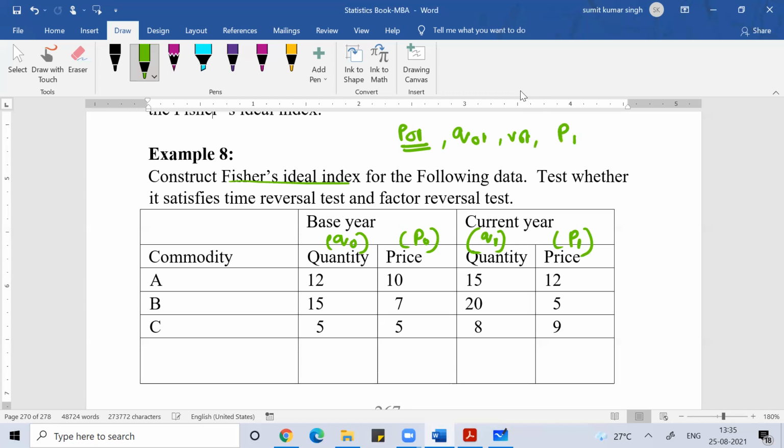Also, I'll calculate P10 to do the calculation for the time reversal and factor reversal tests. Everyone, I hope you have written down the question.